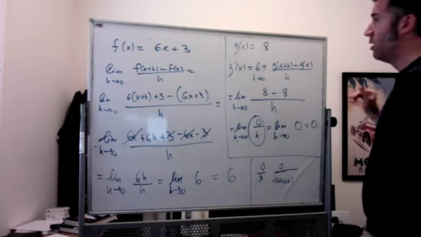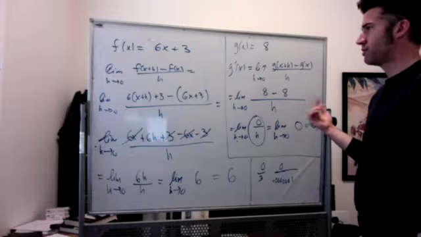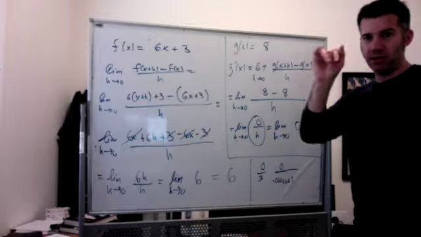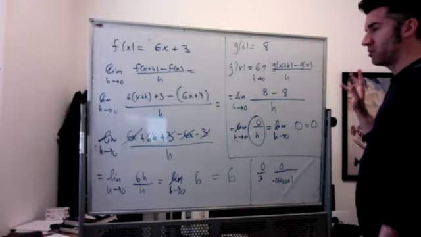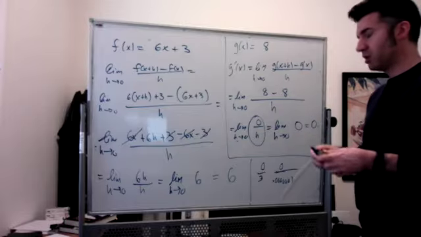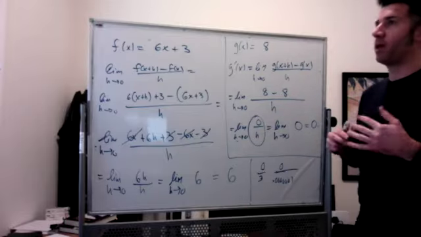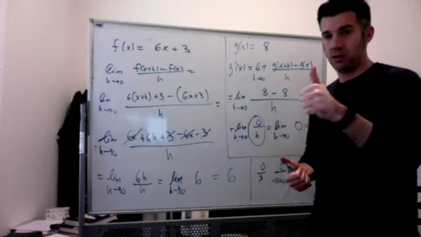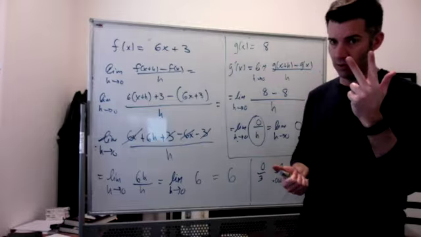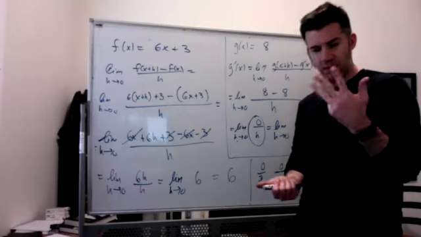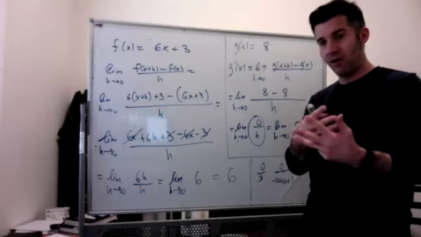Limit definition, here's what I'll say about it. To go back to Marshall's comment about the professor saying to always use the limit definition, she is right. What I'm going to say about that though is we're going to develop rules that we use. We're going to develop the power rule, the product rule, the quotient rule, the chain rule. But there are going to be some functions that don't fall into any of those categories.